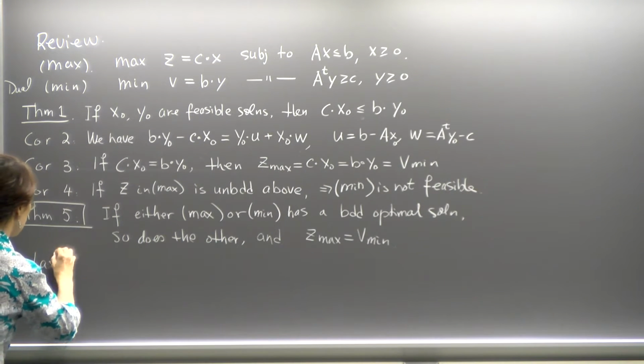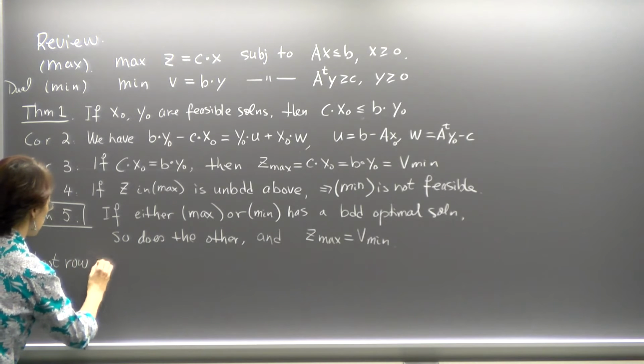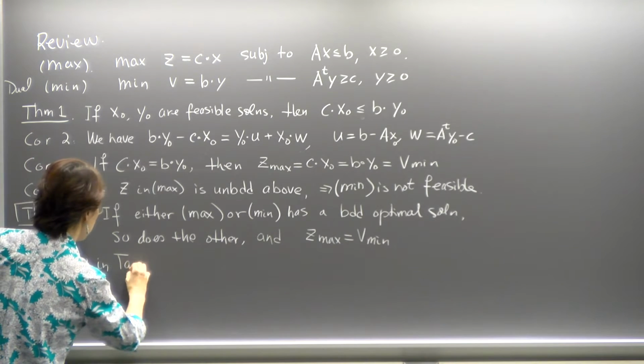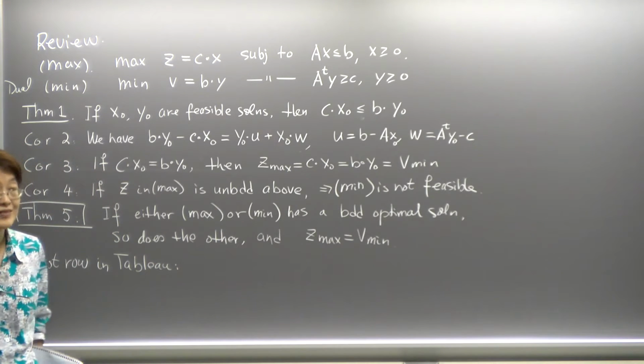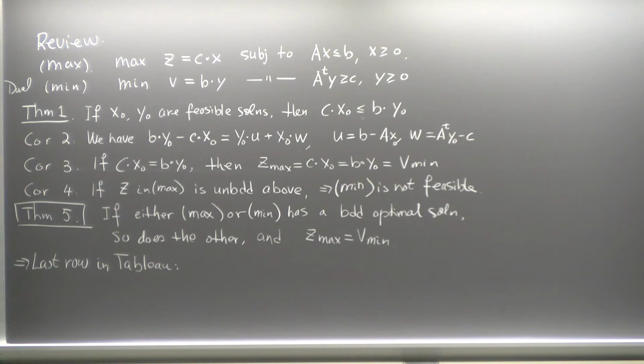So let me highlight the last row in the tableau. Okay, what does it contain? Well, it contains the coefficient in front of the variables for the objective function. Is that right? Something times x1, something times x2, add up, equal z, where z reaches the optimal value. Is that right?